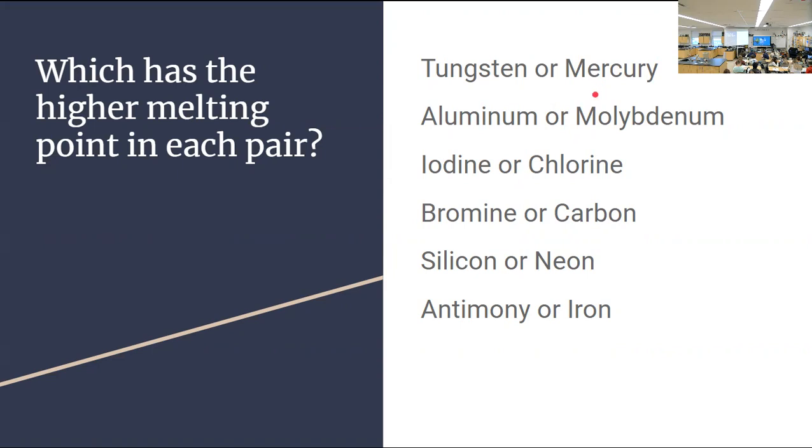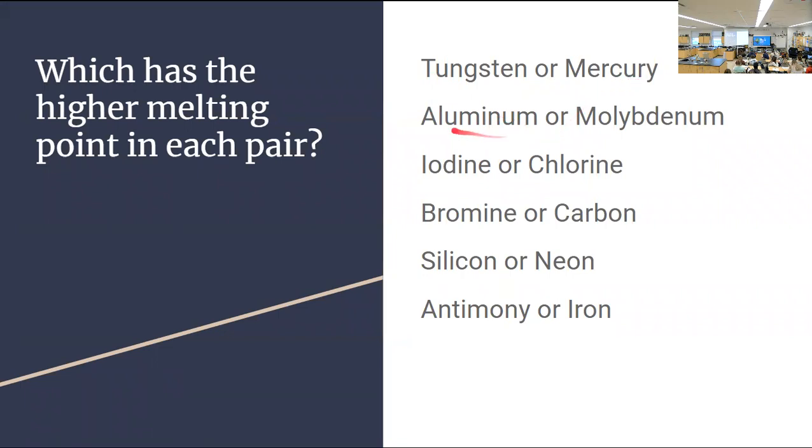Yeah, if mercury is a liquid at room temperature and tungsten is a solid, what does it take to get tungsten to be a liquid? More heat. So we have to raise the temperature to get tungsten to a liquid. Mercury is already a liquid, so it's good to go.